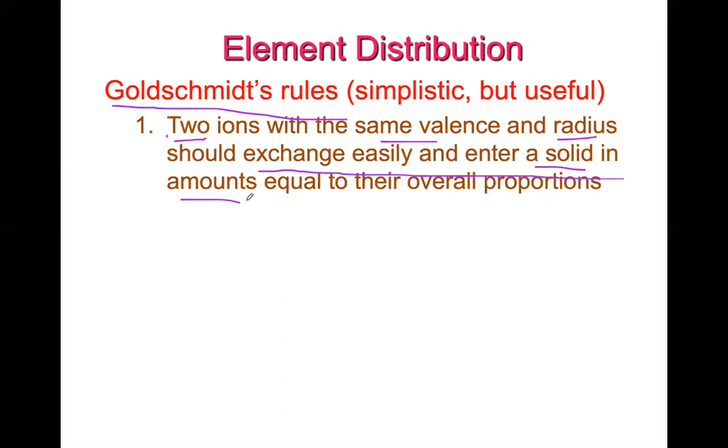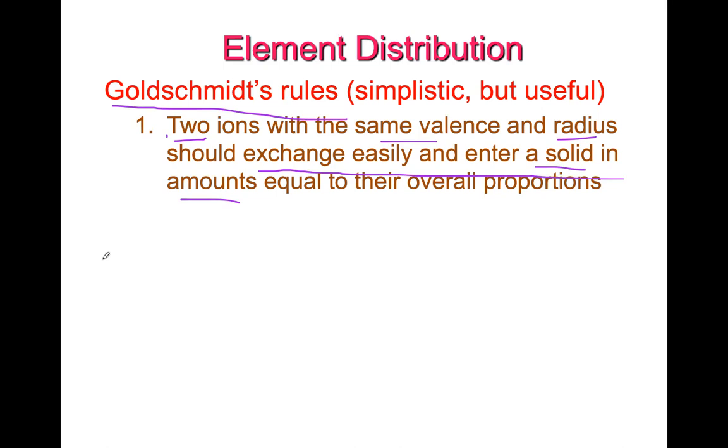That means whatever the proportion you had in the original source should be equal in the residual solid also, if you had similar elements in terms of valency and radius.